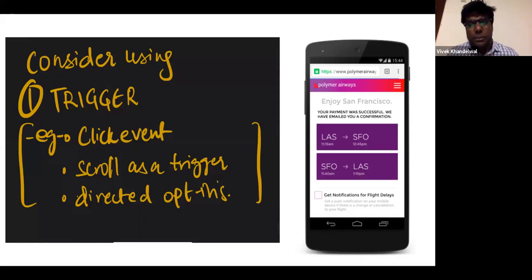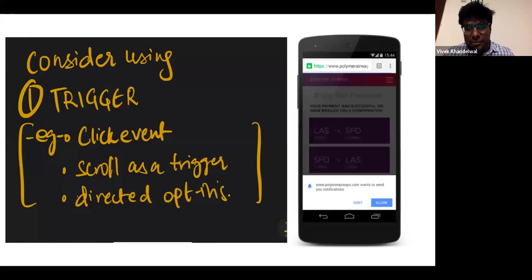Let's look at this example on the left-hand side. This is a hypothetical flight booking site, and this is a flight confirmation screen. If the user ticks the checkbox for getting notifications for flight delays, they would see this.